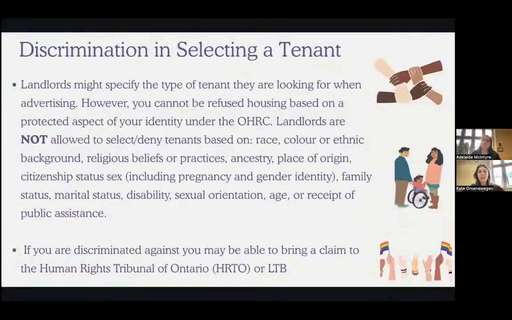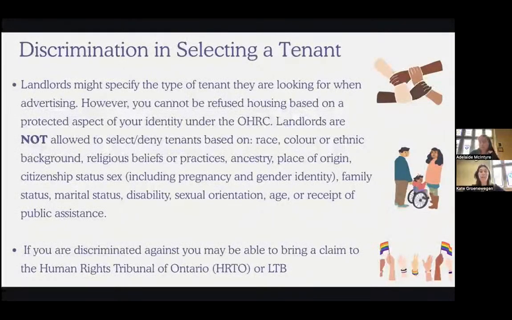I'll now briefly go over discrimination in the tenant selection process. So be aware that a landlord might specify in an advertisement the type of tenant that they're looking for. However, a person cannot be refused housing based on a protected aspect of their identity under the Ontario Human Rights Code.